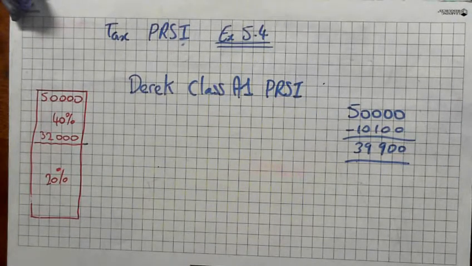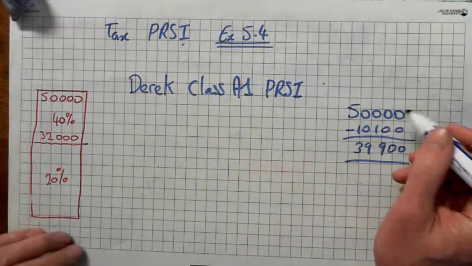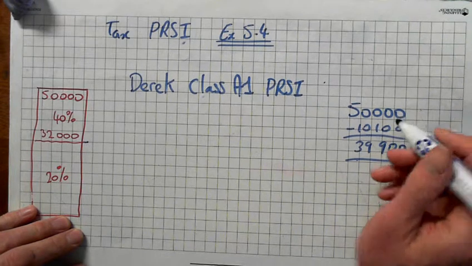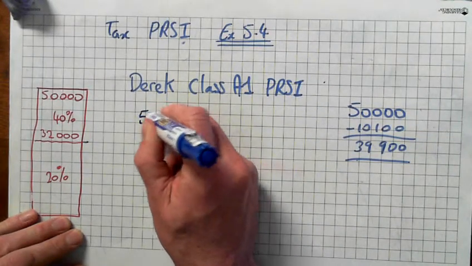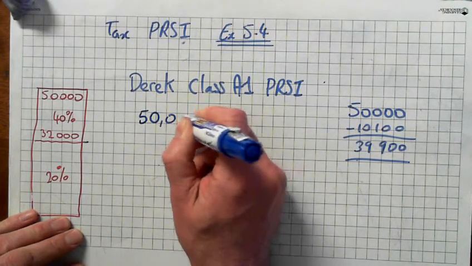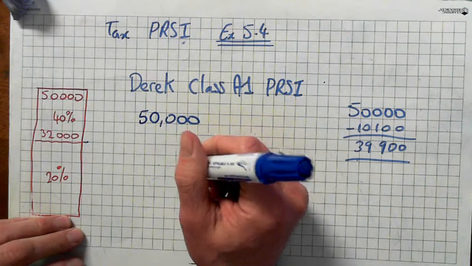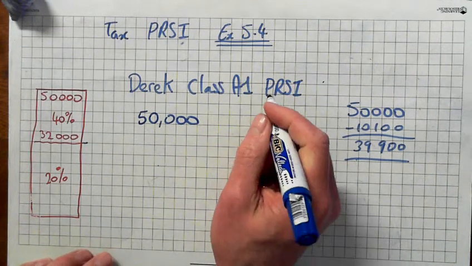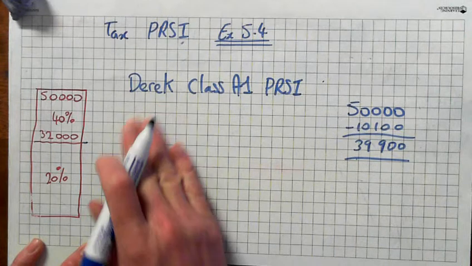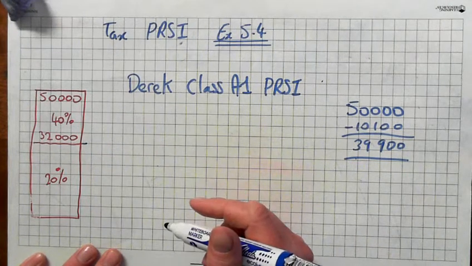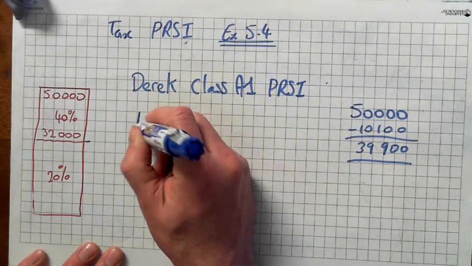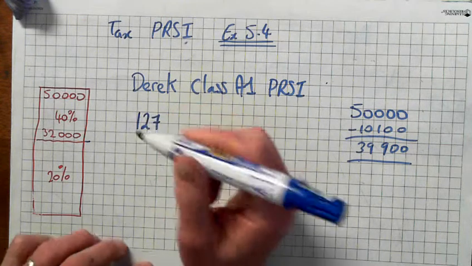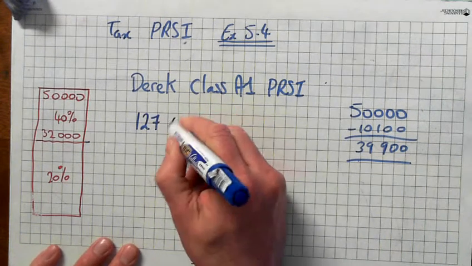Alright, so Derek earns 50,000. So we start off with 50,000. We use his gross amount. So we're going to calculate PRSI on the 50,000 that he earns. The first thing we do is assume that there are 52 weeks in the year. So 127, I got that from the table, times 52.